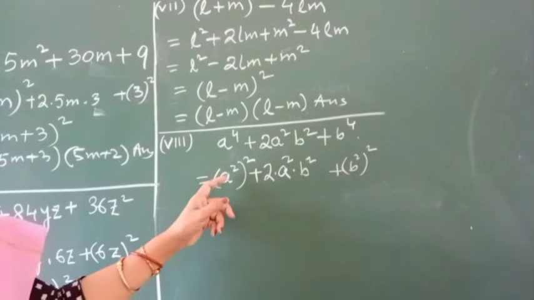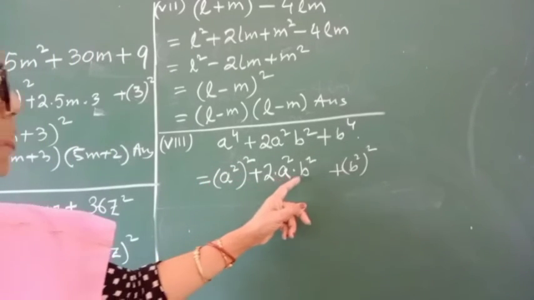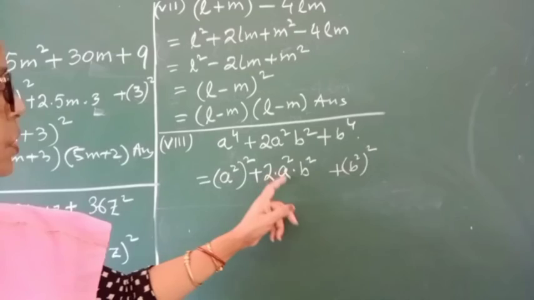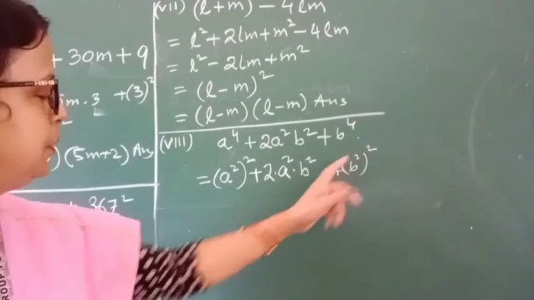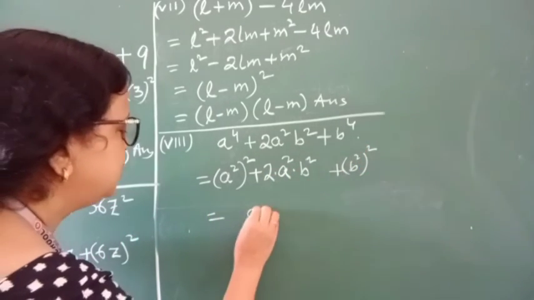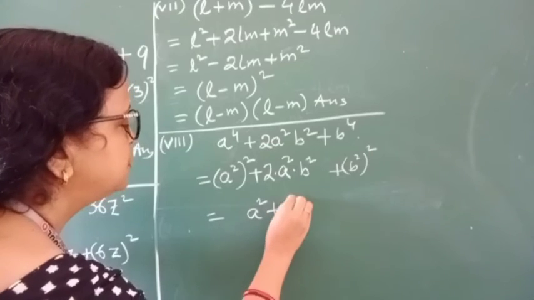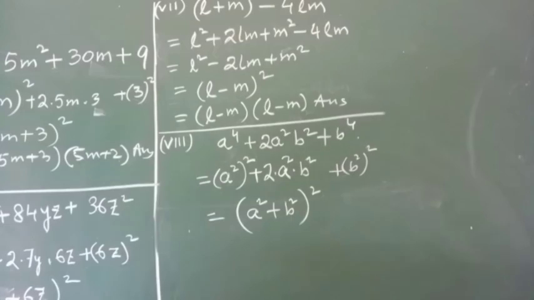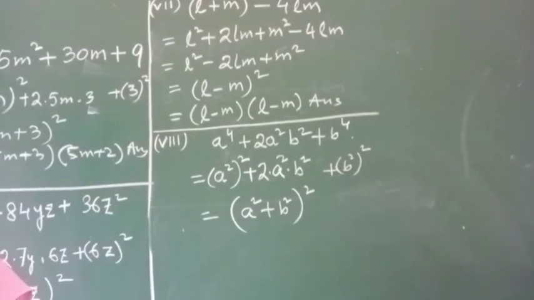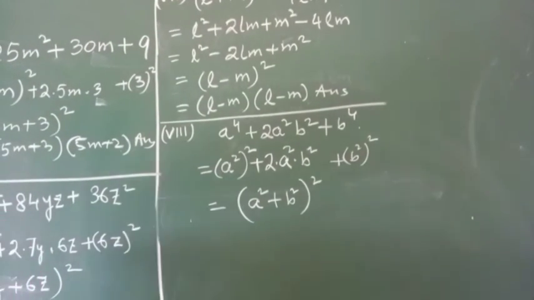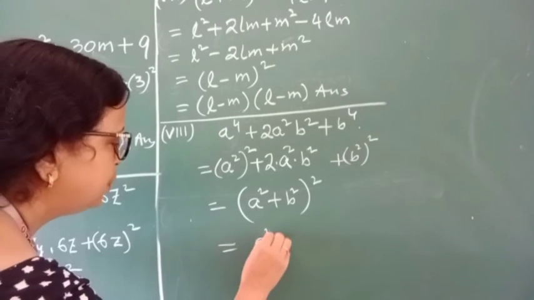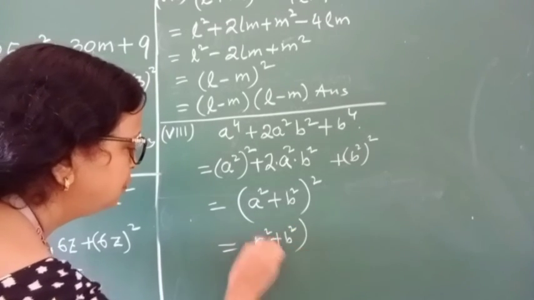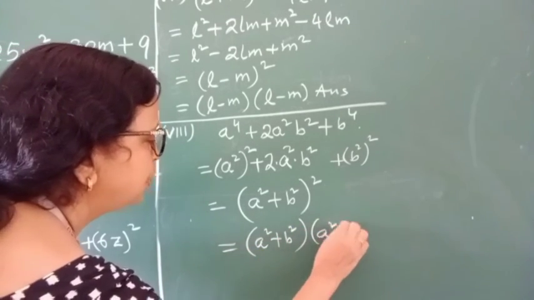So, can I write a square whole square plus 2a square b square, 2 into a square into b square plus b square whole square? That means a square plus b square whole square. Understood? Now, this one you can write in this way also. A square plus b square, a square plus b square 2 times.